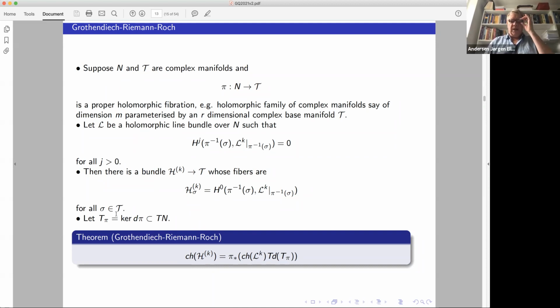And if you now define T pi to be the kernel of D pi, so that's the vertical tangent space to T to N, then the Grothendieck-Riemann-Roch theorem tells you that the Chern character of this bundle of holomorphic sections can be obtained by first taking the Chern character of L to the K over the total space. You take the top class of the vertical tangent bundle, you cup those two together and you push it forward over this family.